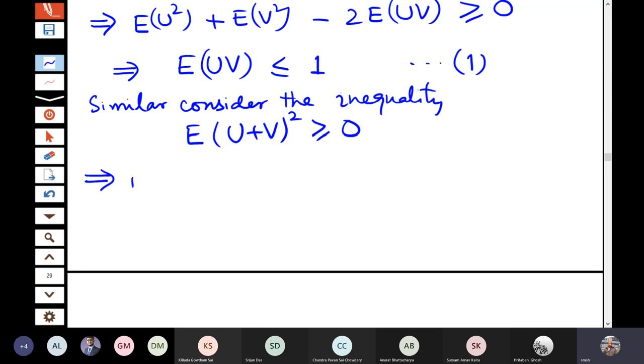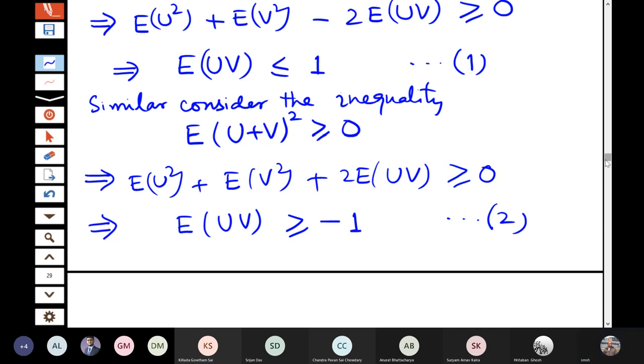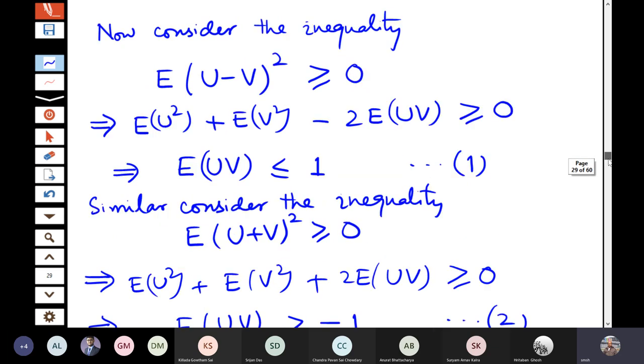So again this will imply that expectation of u square plus expectation of v square plus twice expectation of uv is greater than or equal to 0. And I substitute expectation of u square is 1 and expectation of v square is equal to 1. So that will give me expectation of uv greater than or equal to minus 1. And expectation of uv is nothing but the correlation between x and y.